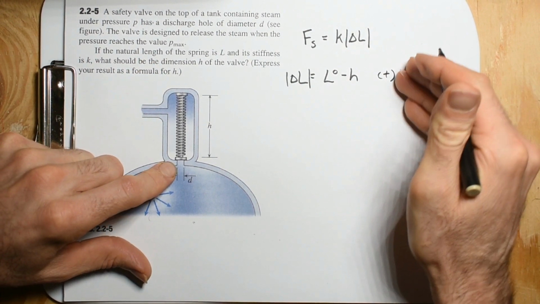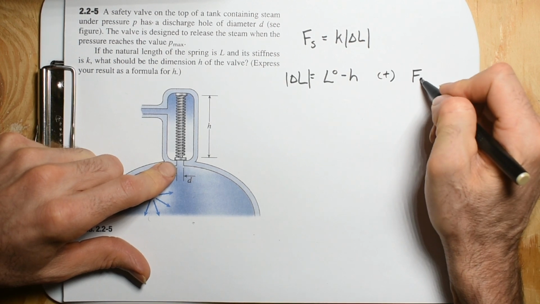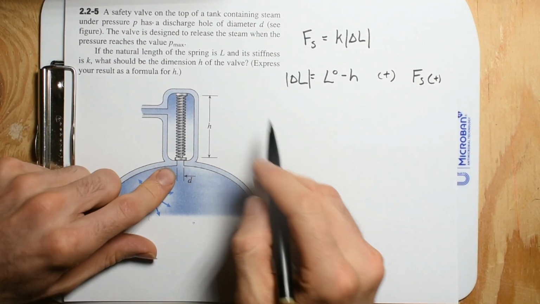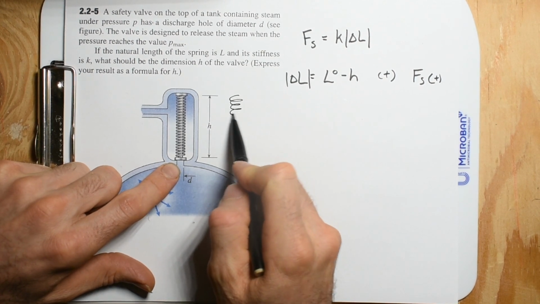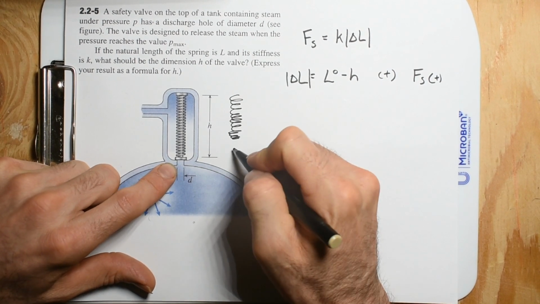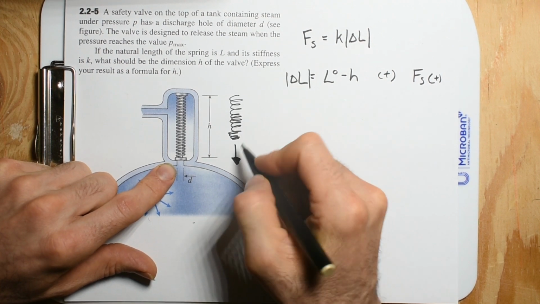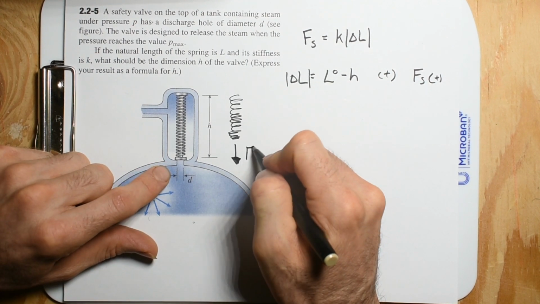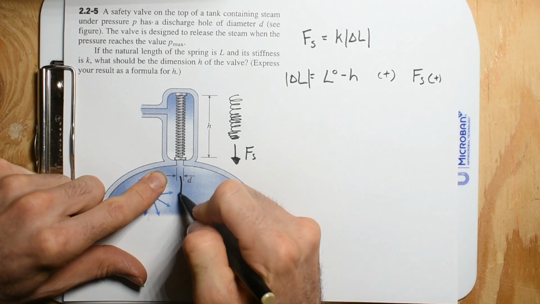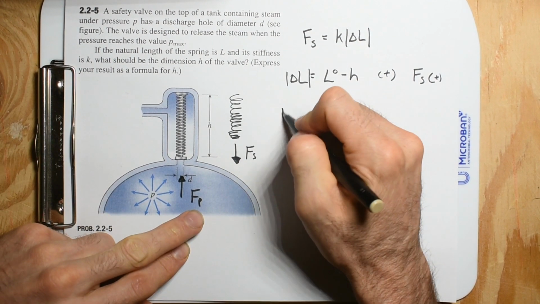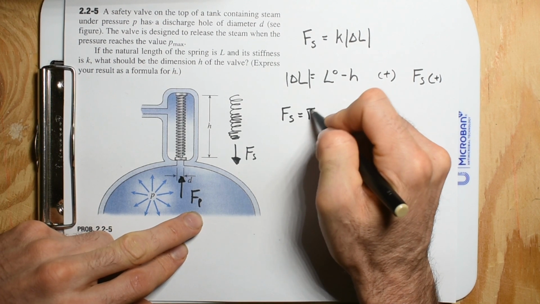If this is a positive value, then I know the spring force is going to be a positive value. But I do know that this spring, by observation, is all crunched up, so I know it's putting a force in this direction. So the force of the spring is in that direction. I do know that this pressure is putting a force of pressure in this direction. By observation, I know that these have to be equal.